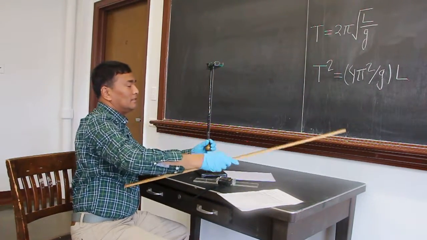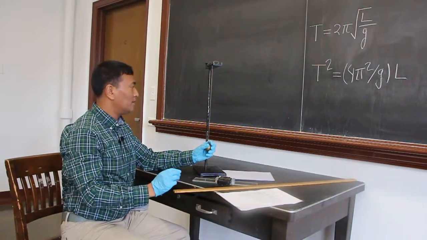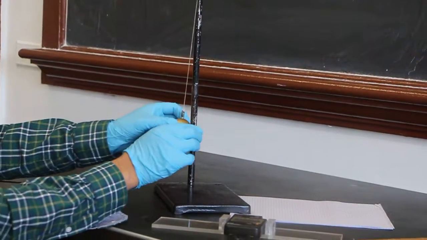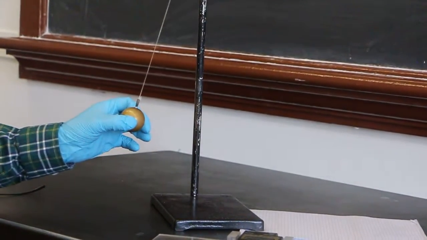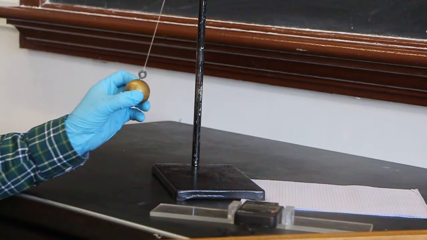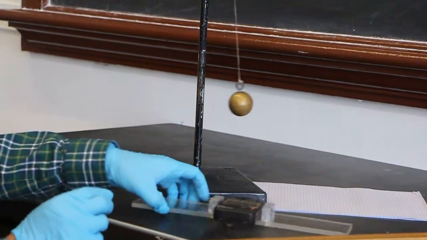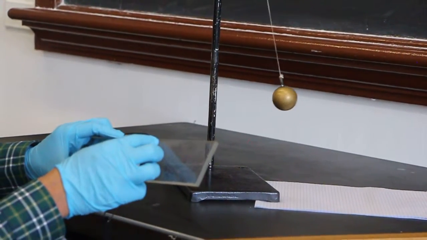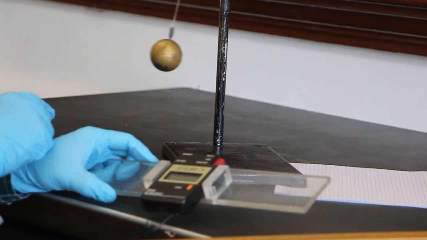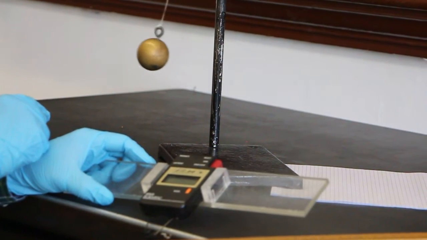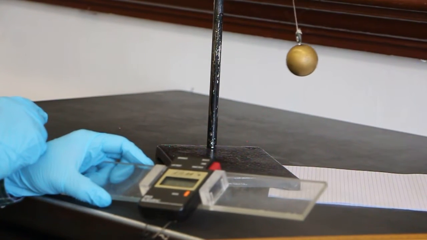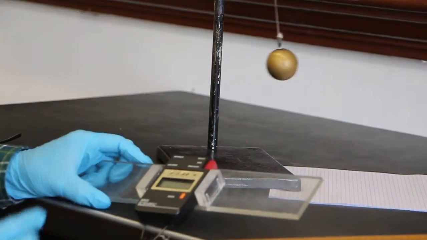All right, so this is for 0.4. I'm going to oscillate again. The angle has to be small, so something like this. All right. 1, 2, 3, 4, 5, 6, 7, 8, 9, 10.